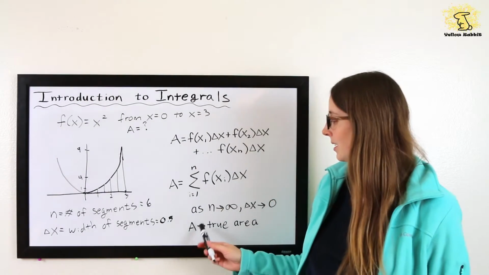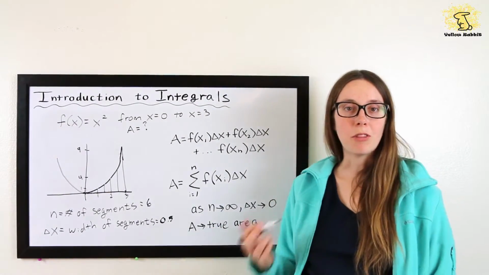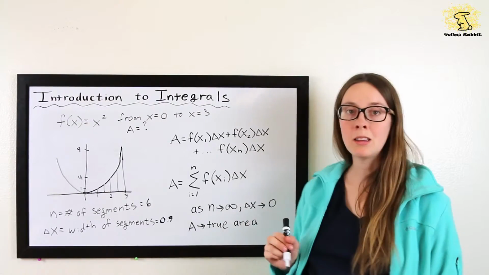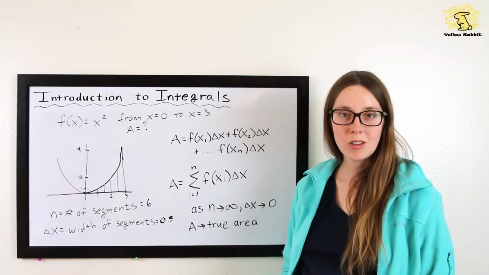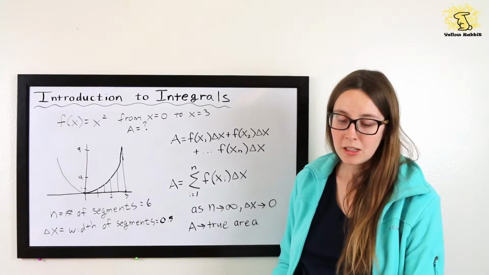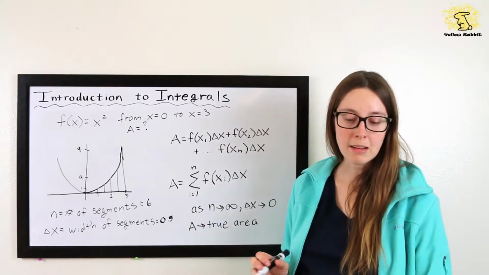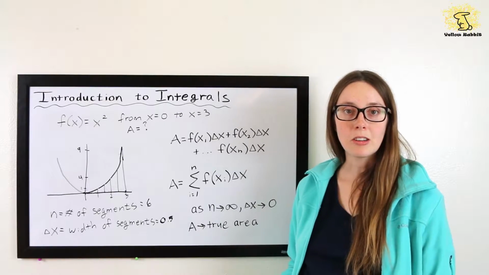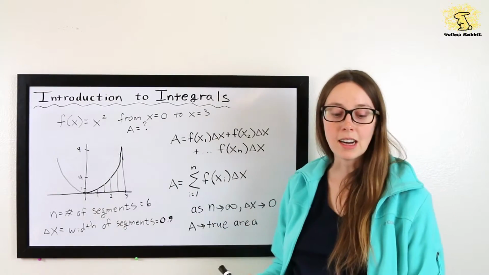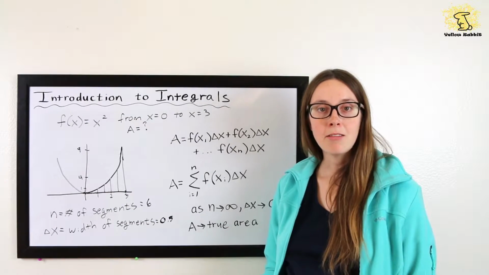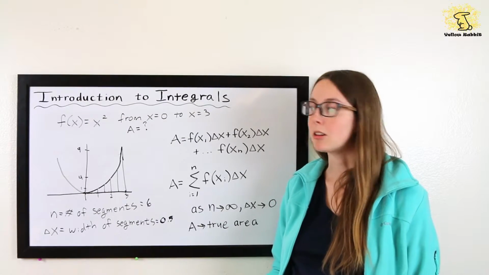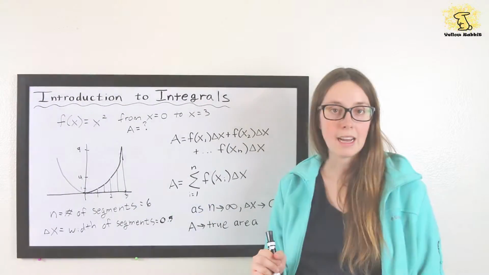Now, adding up an infinite number of rectangles, all with width approaching 0, would be extremely tedious. Fortunately for us, the limit, as n goes to infinity, is an integral. So it's the exact area under the curve. And we have a nice simple way of expressing integrals that I'll put up on the board now.